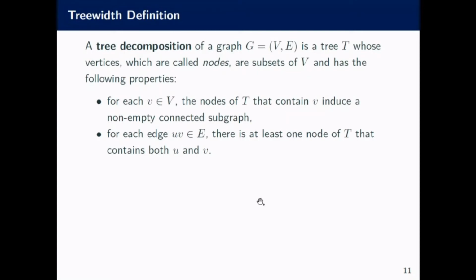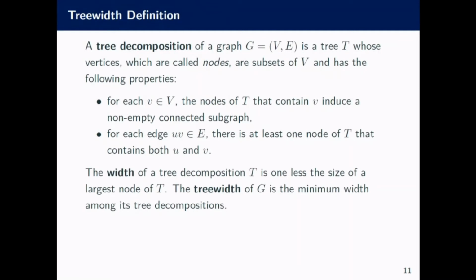For every vertex v, the nodes of the tree that contain v induce a non-empty connected subgraph, and moreover, for every edge of the graph, there is a bag that contains both endpoints. The width of a tree decomposition is one less than the size of a largest node, and the treewidth of a graph is the minimum width among these tree decompositions.